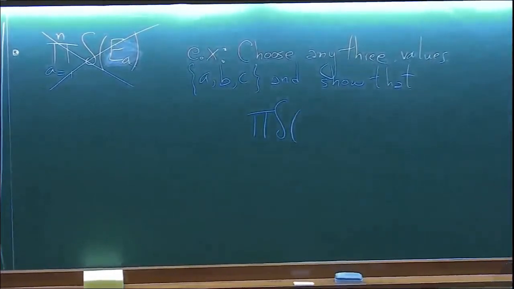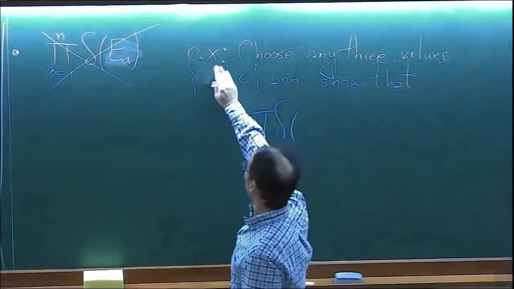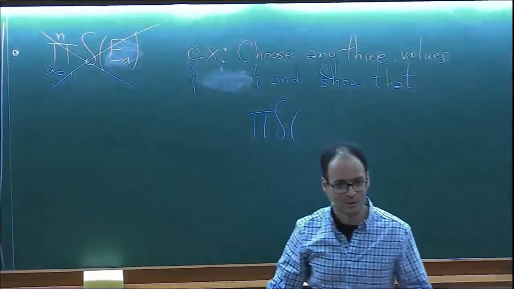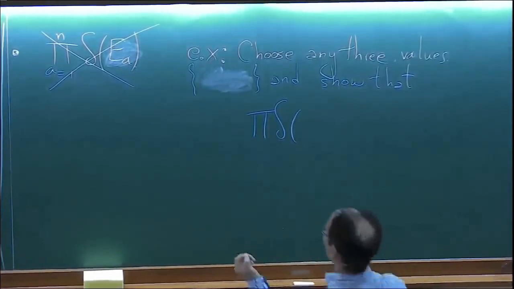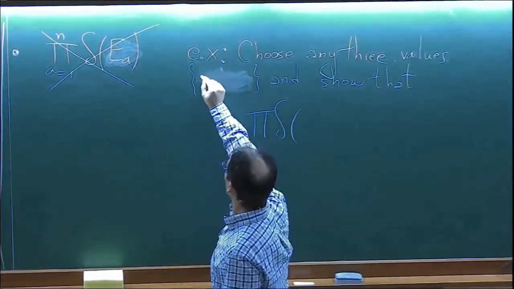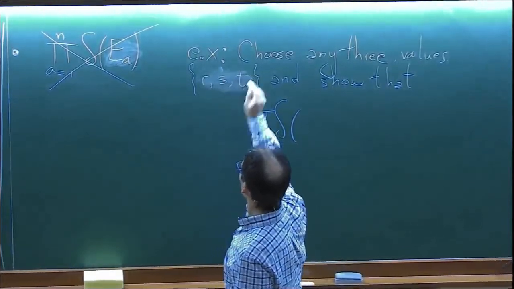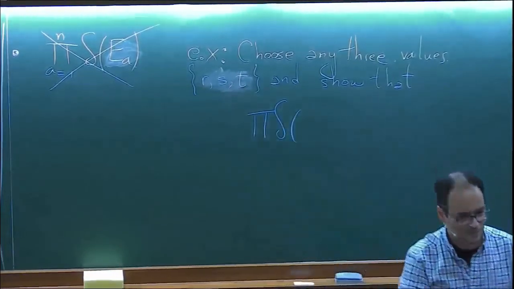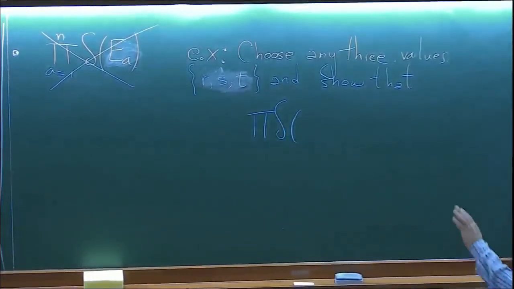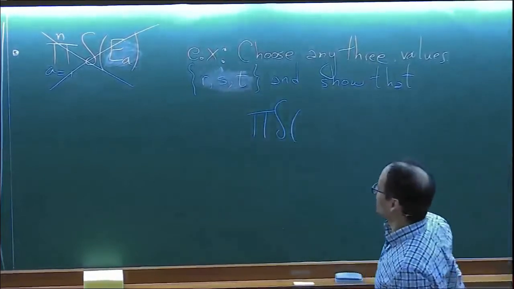Well, I said, of course, but I shouldn't have said that. That's not a good name for the three values we're going to choose, because I always like to call all the n particles with the index A as the label. So if I'm going to choose one particular thing, I shouldn't call it A. So let's use R, S, and T. Also not a good choice, because S and T are kinematic invariants, but hopefully you won't get confused, okay? So let's stick with R, S, and T.